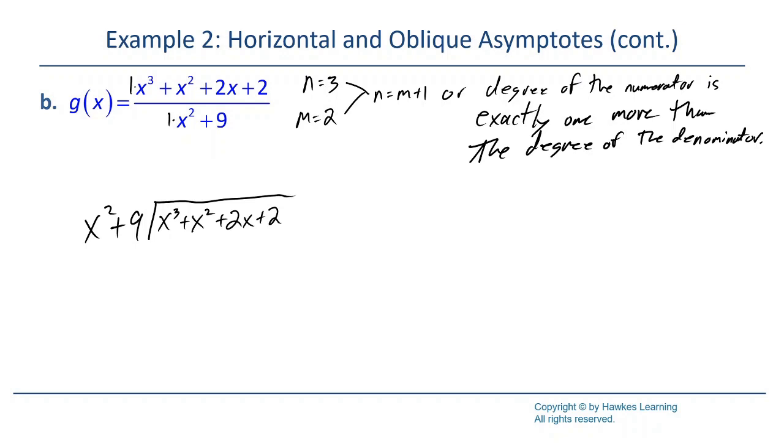So, like before, x cubed divided by x squared, because we pull from here, that's equal to just x. So if I multiply these, I get x cubed plus, notice I actually get plus 9x, so these don't actually line up exactly.